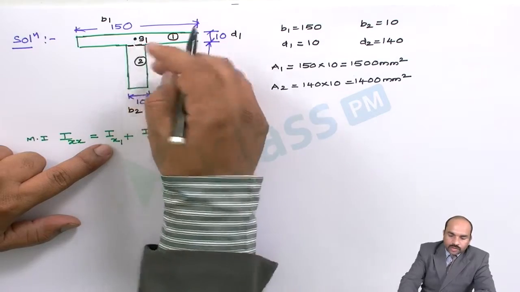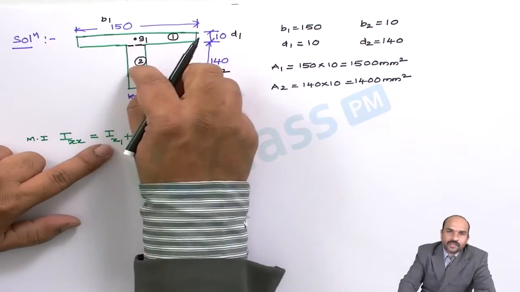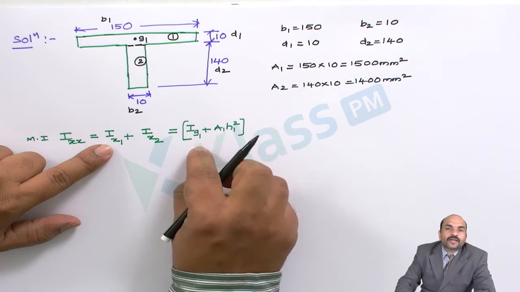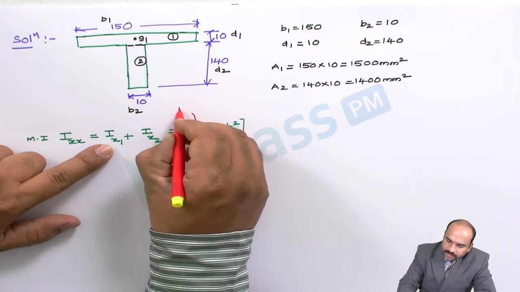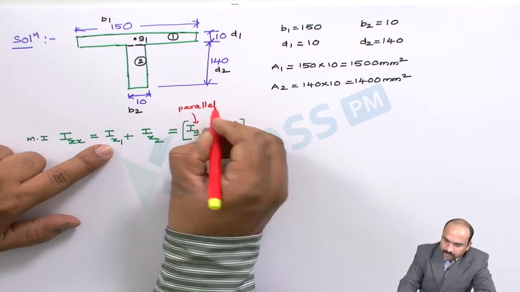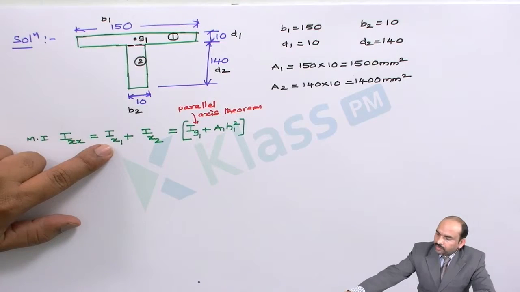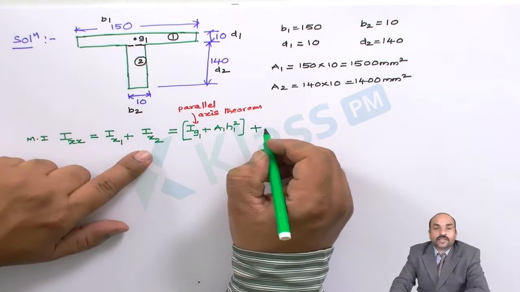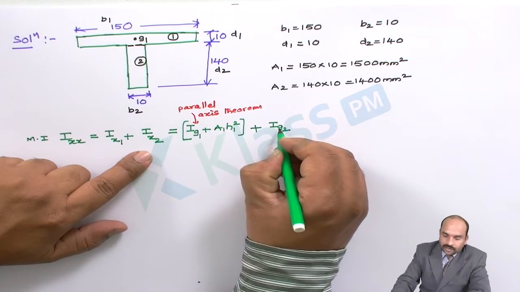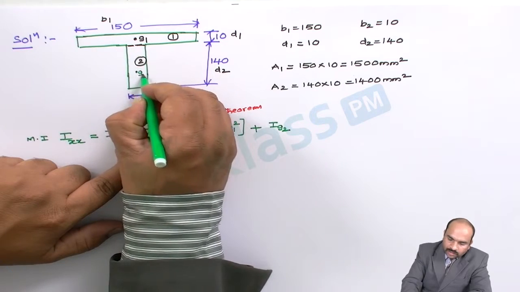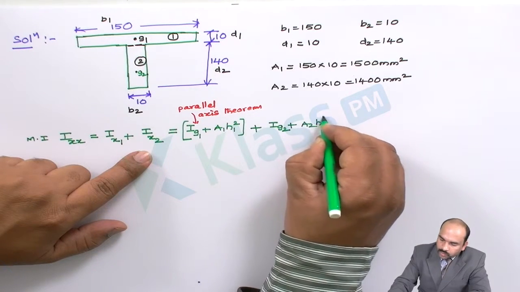There is some distance between the center of rectangle 1 and the centroid of the complete T section, so we have to apply the parallel axis theorem. Similarly, we write for Ix2, that is moment of inertia about the center of rectangle 2, say G2, plus A2 H2 square.